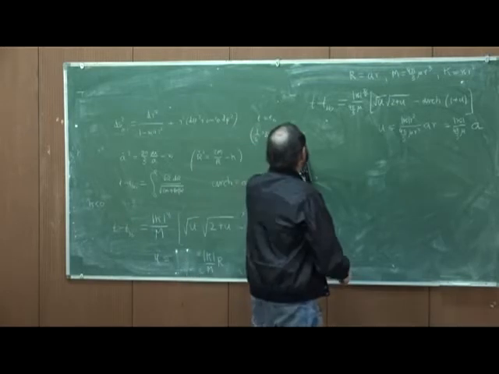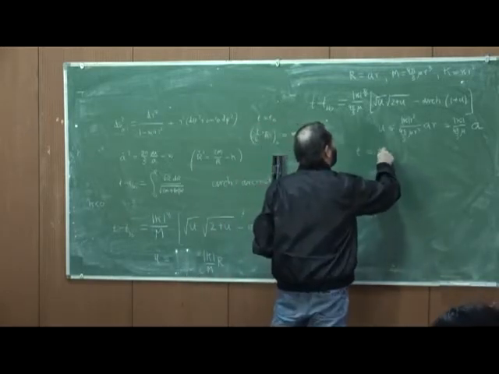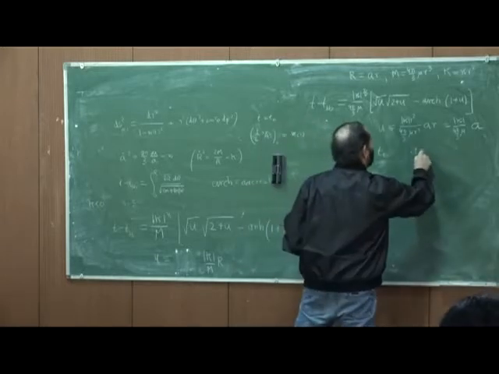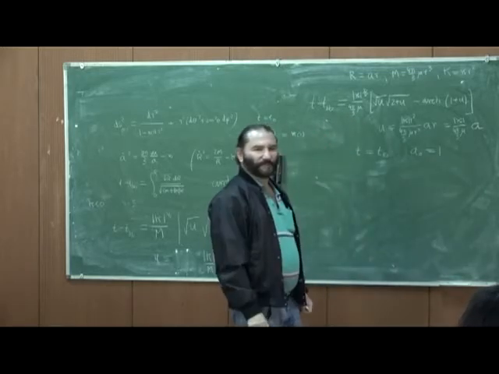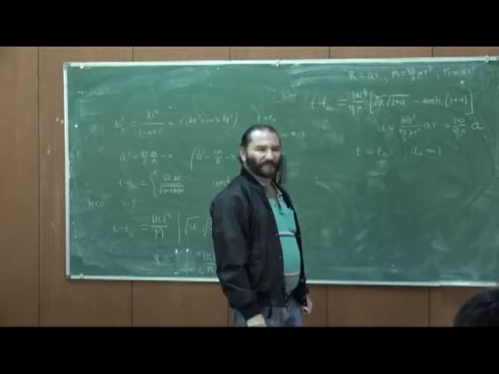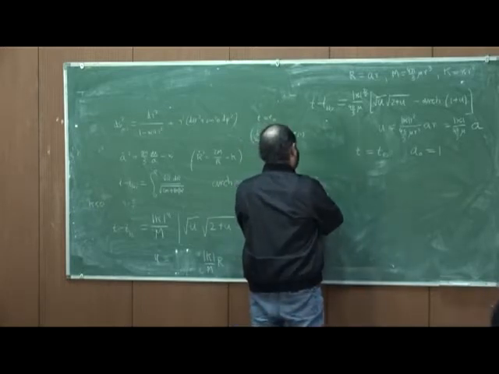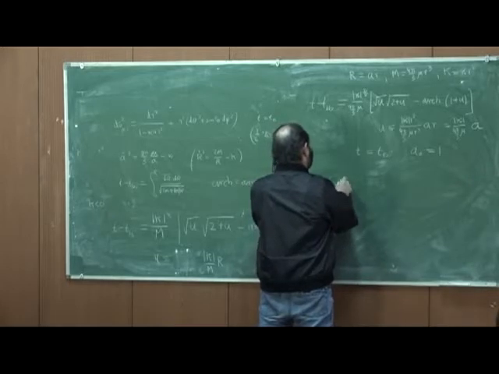Now, what happens if in this solution we set t equals t0? Then we have A0 equals 1, okay? So what we would have is t0 minus t_BB, where t_BB is a function of r.